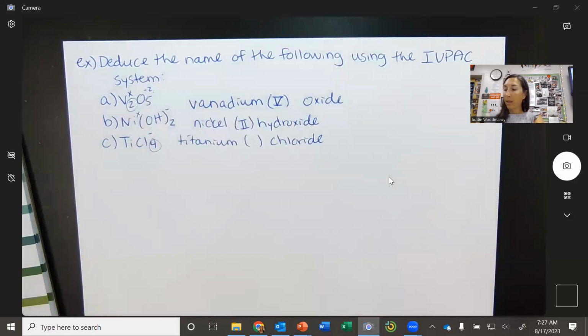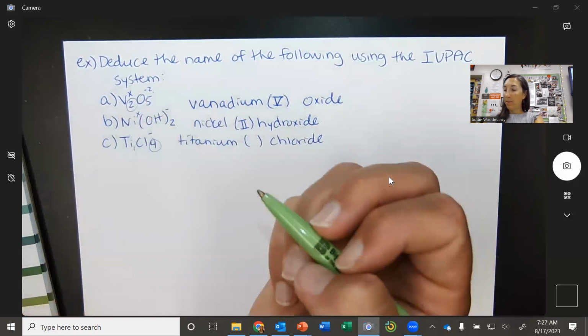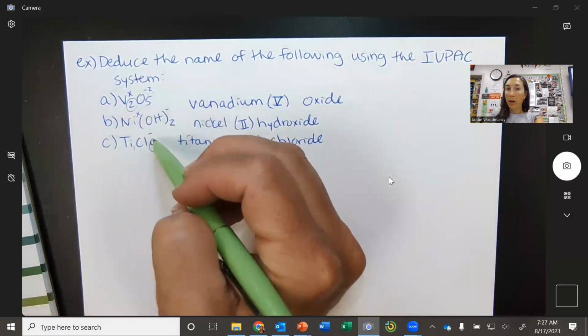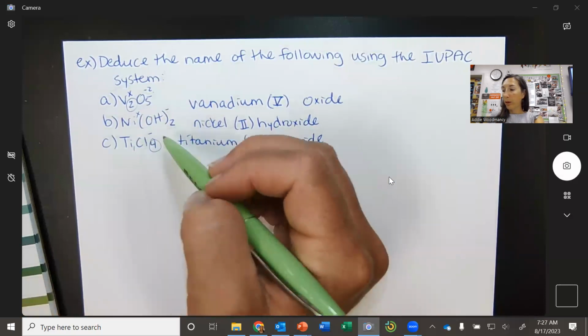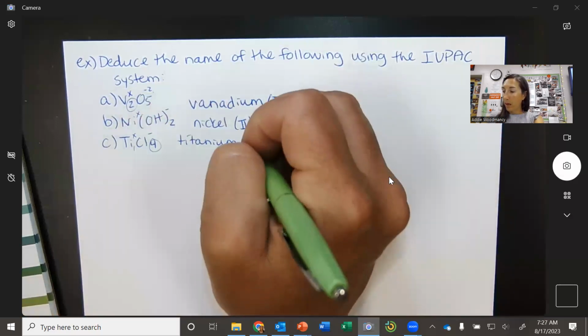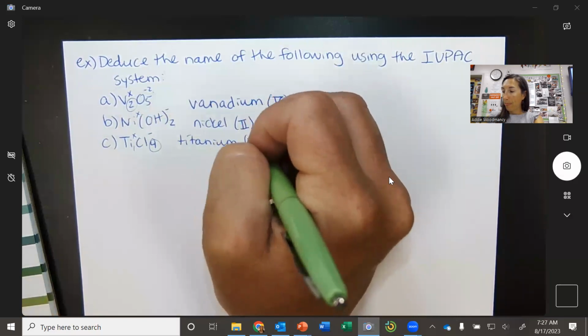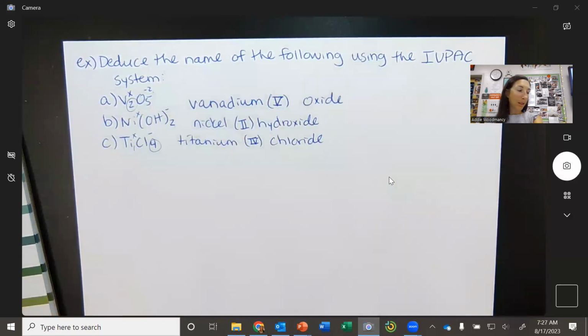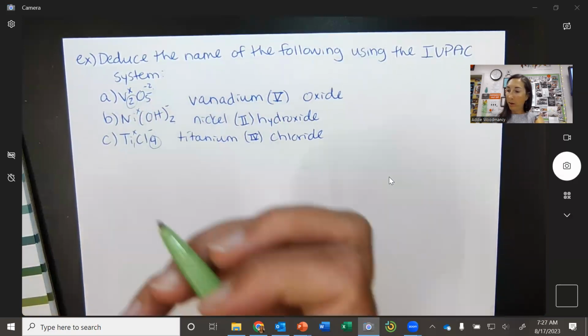There's 4 of them and only 1 titanium, so that's a -4 charge total for chlorine. Only 1 titanium, so to cancel that -4 it would have to be 4. Awesome. All right, so I'm going to put some more practice on the board and I want you to try these on your own.